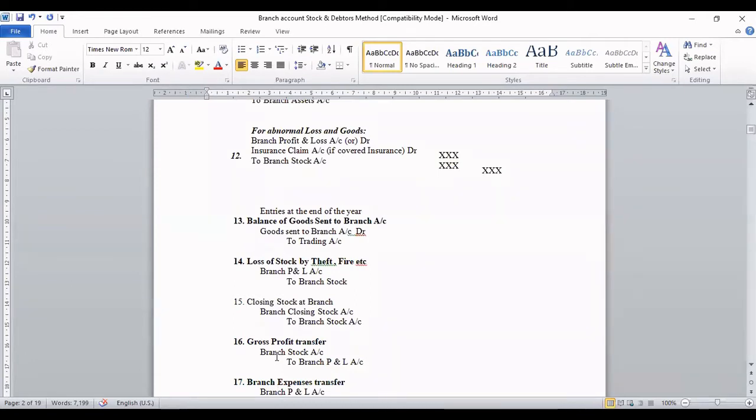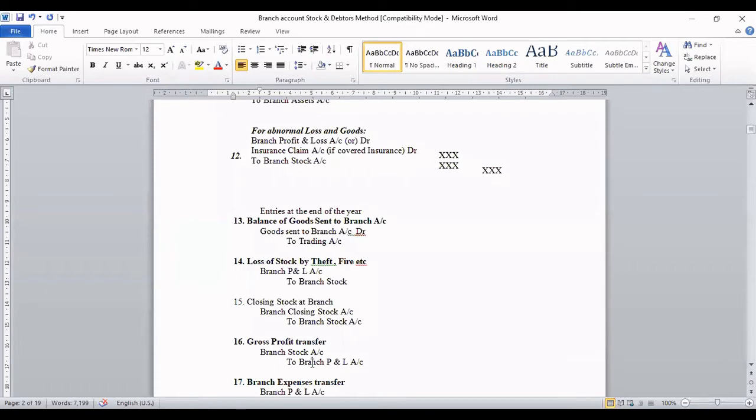As you remember, when we close trading account, we transfer the amount to net profit and loss account. Similarly, when you close branch stock, the difference we have to transfer to branch P&L. For that, the entry is branch stock account debit to branch P&L. Is this clear, everyone? Yes or no? Yes, sir.